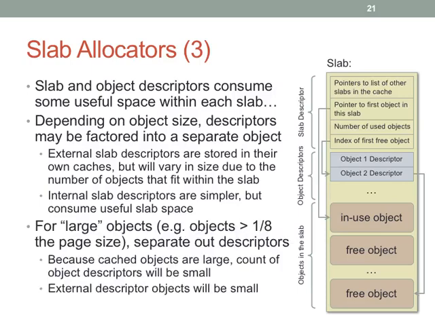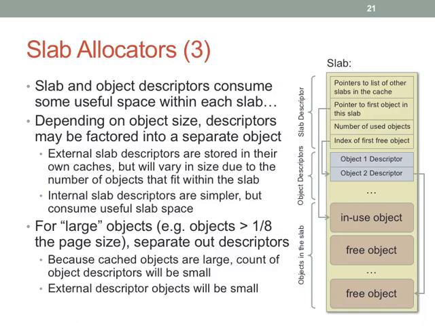Depending on the size of the objects being stored in the slab, the allocator may say, you know what, I need to factor out the object descriptors so that I have more space to devote to objects themselves. That's the idea.